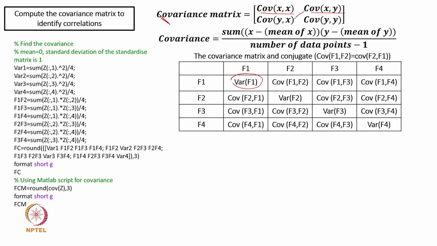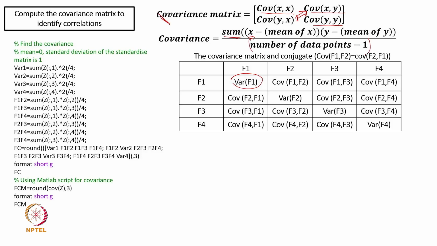We know very well the covariation of x and y and y and x should be the same, and then the covariation between y and y. So, how do we calculate this? Of course, there is a standard procedure, but we write out here the deviation of x from the mean, and then the deviation of y from the mean. So, that is what has been mentioned, and then that product will be summed up and divided by the number of points minus 1.